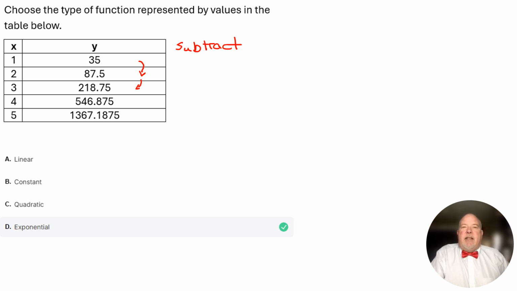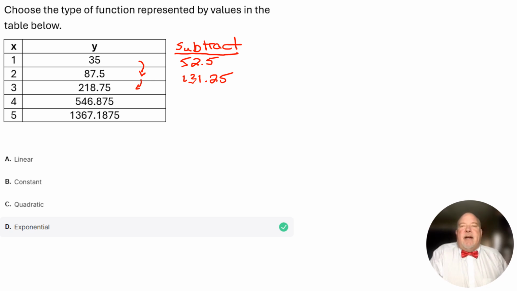So when I subtract 87.5 minus 35, I get 52.5. And when I subtract 218.75 minus 87.5, I get 131.25. I can't write very well today.